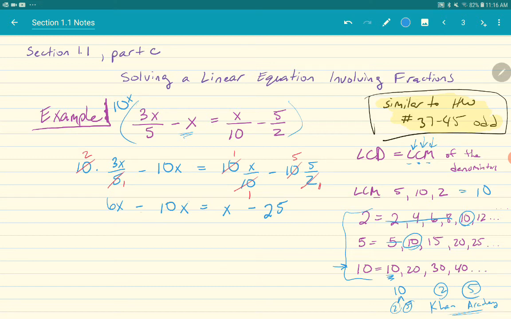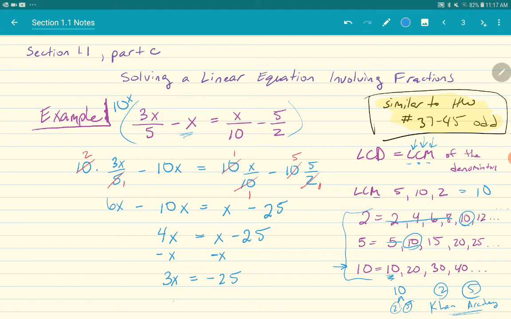So 6x minus 10x gives me 4x. And on the right side, I don't have any common terms on the same side, so I'll just leave it like that. Now let's get everything with the variable to the left. So I want to subtract x to get it away from the right side, and whatever I do on the right, I've got to do on the left. And that gives me 4x minus 1x gives me 3x equals negative 25.